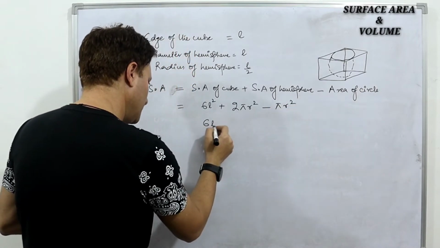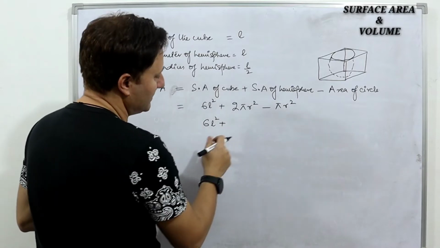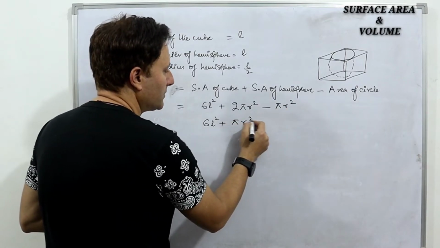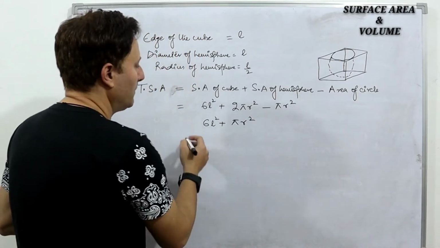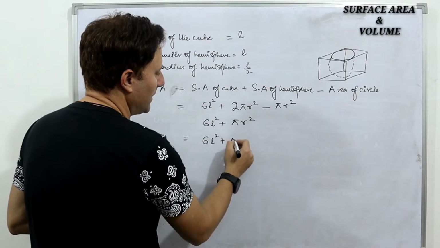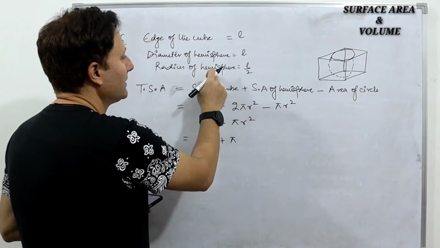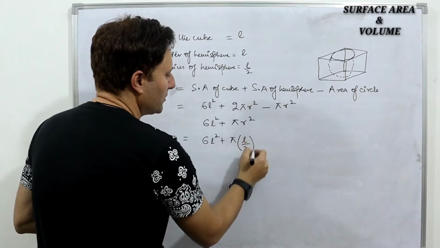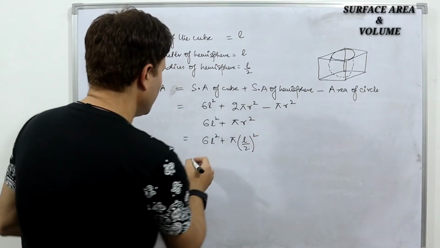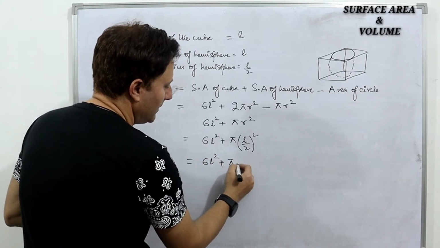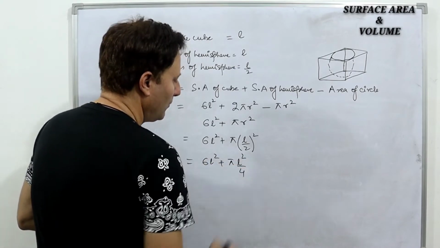So what are we going to do? We will keep 6L square as it is, and 2 pi r square minus pi r square will be pi r square. Pi will be as it is, but r, that is the radius of the hemisphere, is L upon 2. So we will put here L upon 2 whole square. Now it is 6L square plus pi L square upon 4.